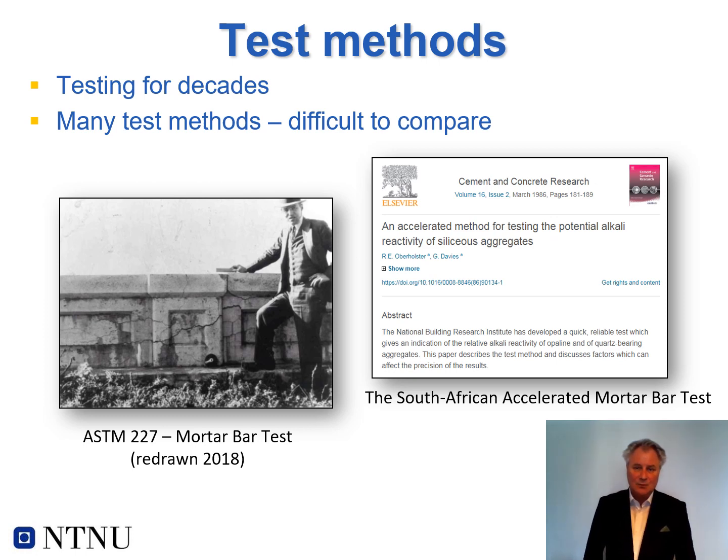And then later on we got an accelerated mortar bar test developed in South Africa, which also has become an ASTM method. So we have been testing for decades, developing different test methods in different countries, so it's been difficult to compare.